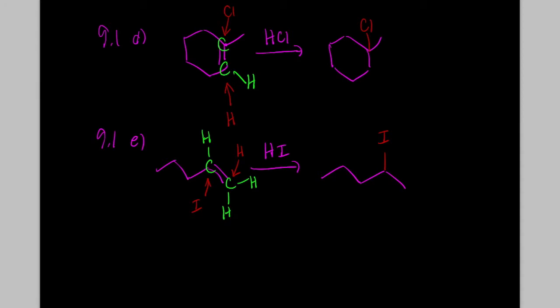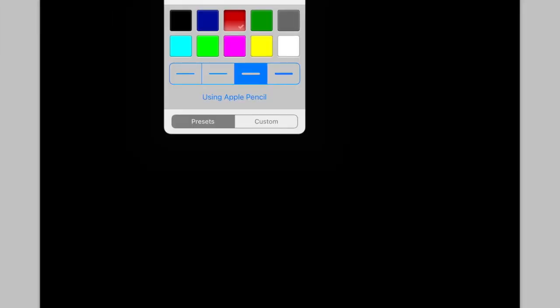Now, why does Markovnikov's rule predict the product? So why, Mark? Well, when you have a molecule like this, okay, and we treat that with hydrochloric acid, what's going to happen is that in the first step of the chemical reaction, we're going to form a carbocation, okay?